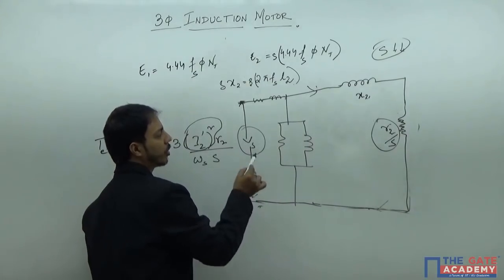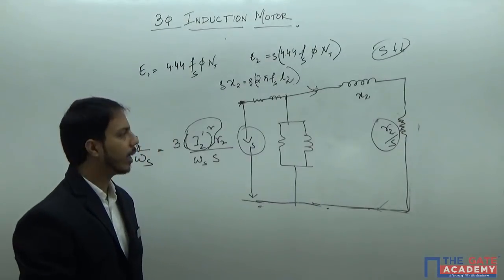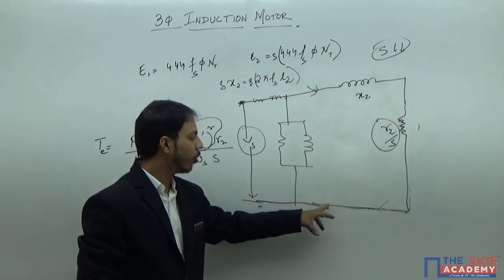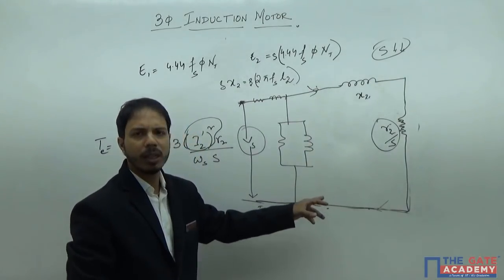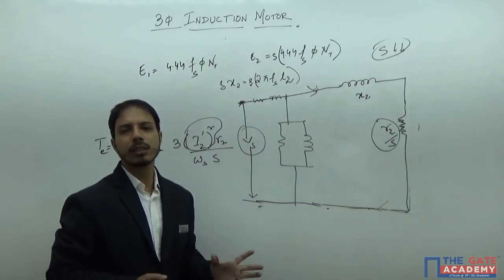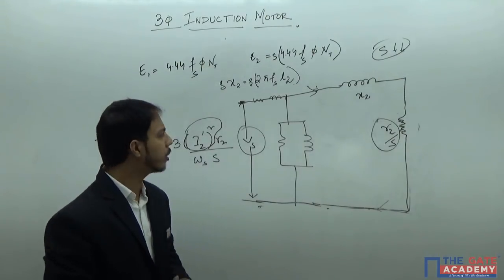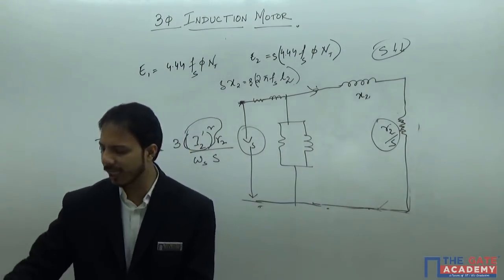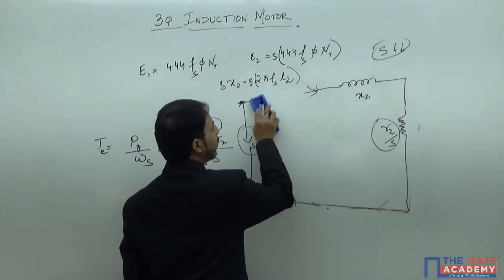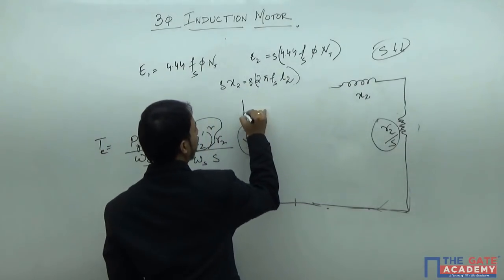So first of all, I have to apply Thevenin's voltage here, and once I get the Thevenin's voltage, I need to find the Thevenin's equivalent impedance at this particular point, and then after that I can find out the current. Now those analyses will just make my things complex, because I know that even if I ignore these particular things, my values are not going to change drastically. So I can simply ignore this.